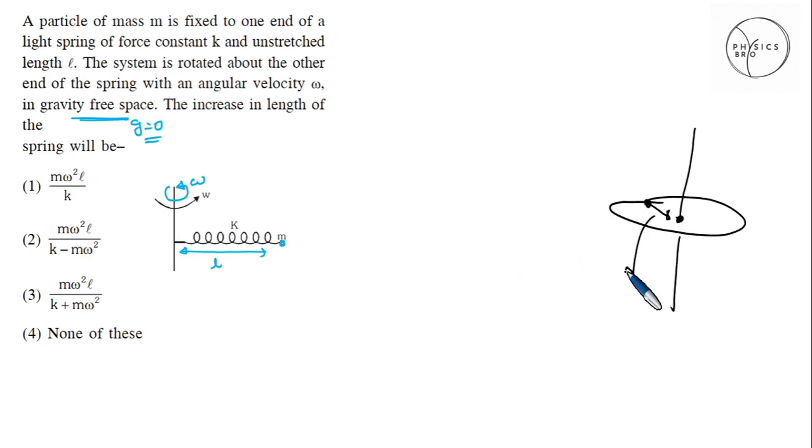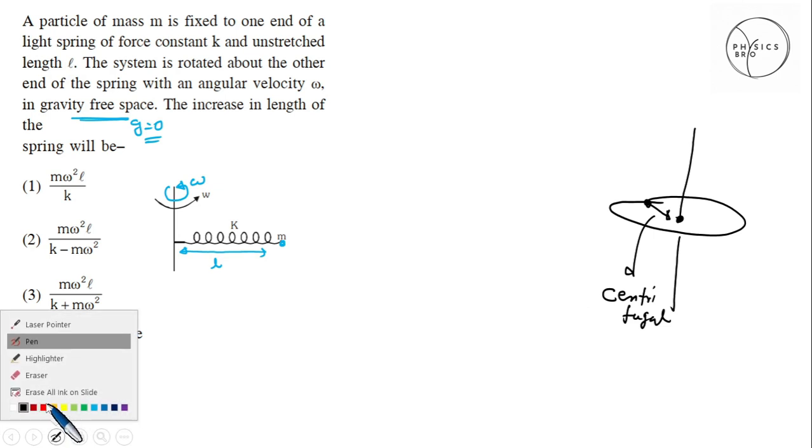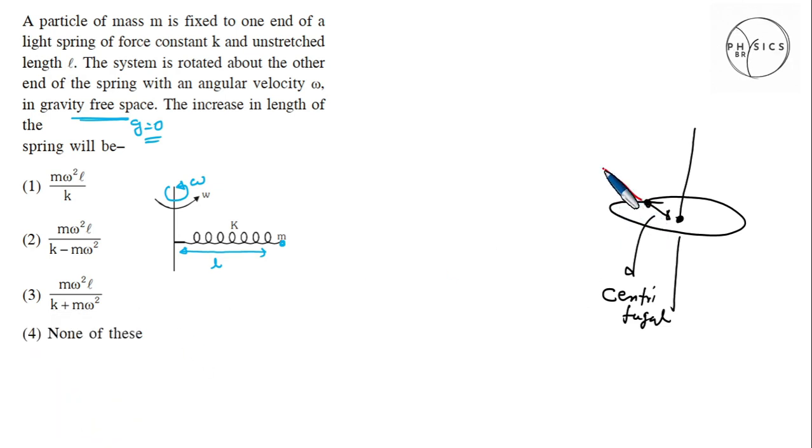This is called centrifugal force. Centrifugal force, and there is another force. We say it is an outward force, and this is centripetal. So there are two types of force: one is centrifugal and another is centripetal.